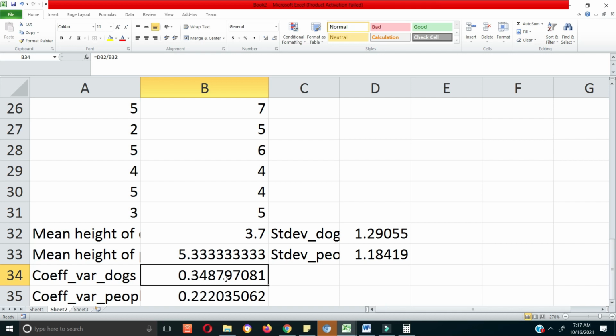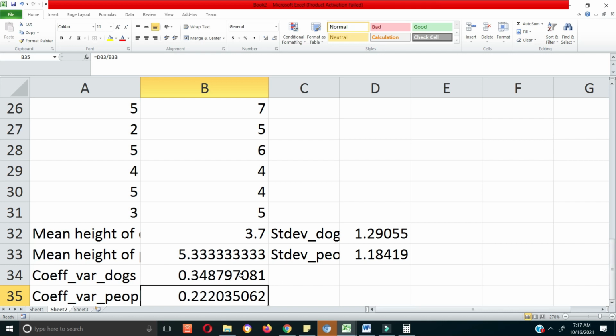Coefficient of variance would be D32 divided by D33, divided by B33. Yeah, so we have this kind of situation where you actually have more variance in the dog population. So this allows us to compare the two.